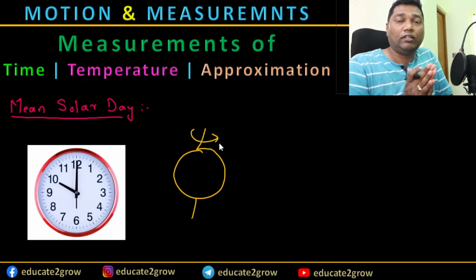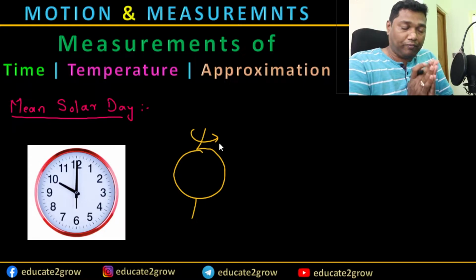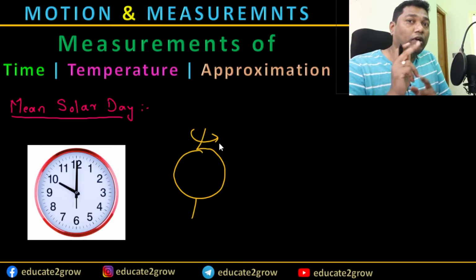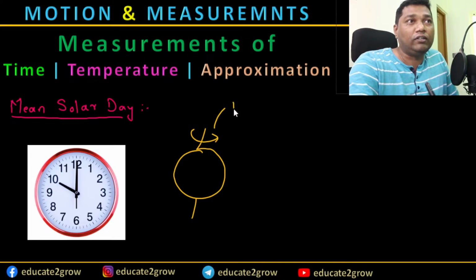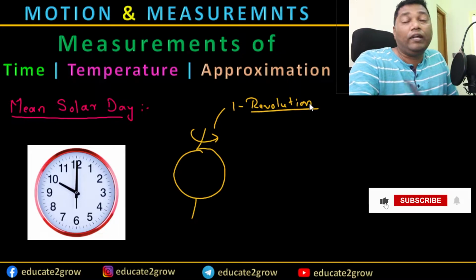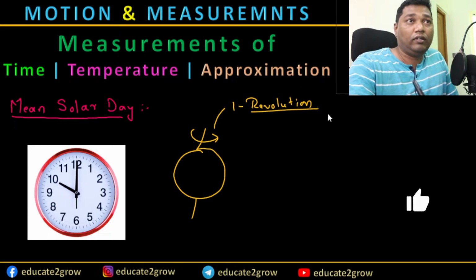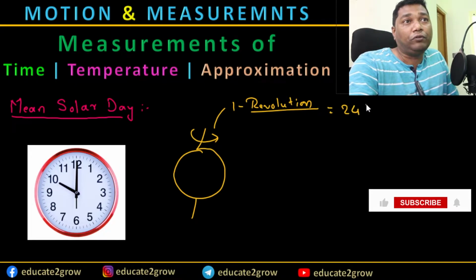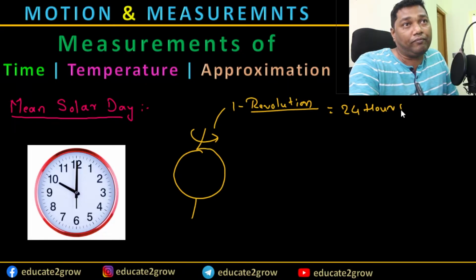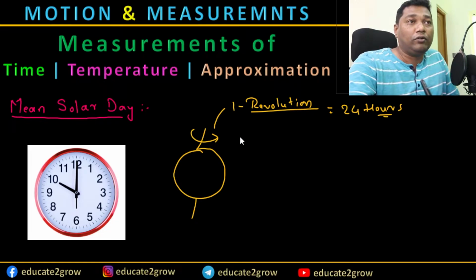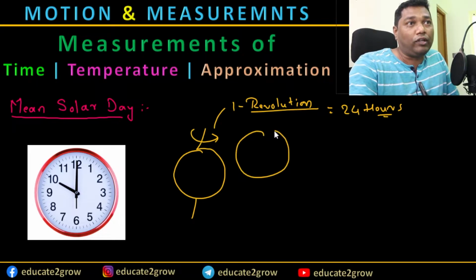When the earth rotates on its own axis and completes one revolution, it takes 24 hours, which means it rotates 360 degrees. Let me put it in a drawing here.